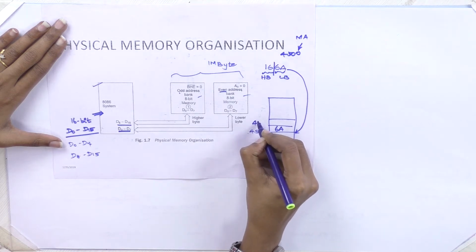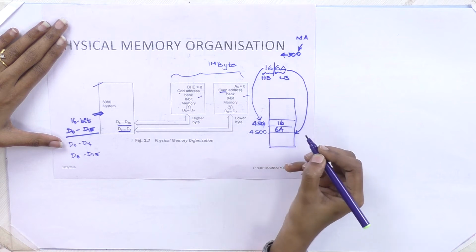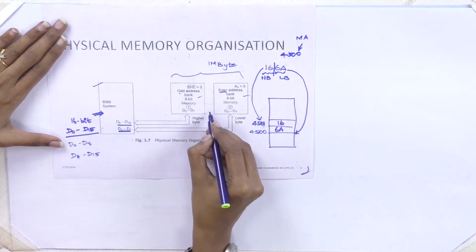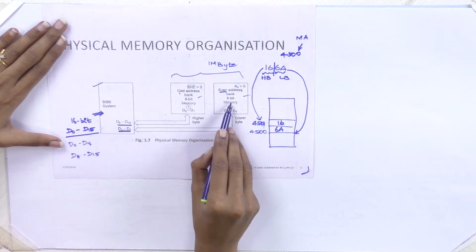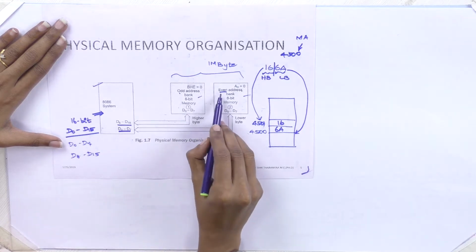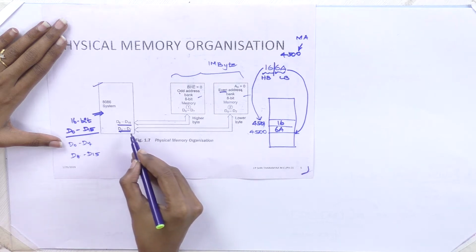Then in the odd address 1501, 16 will be stored. So this is how the data will be stored in the memory. Odd address, higher byte of data; even address, lower byte of data. So this is the procedure.